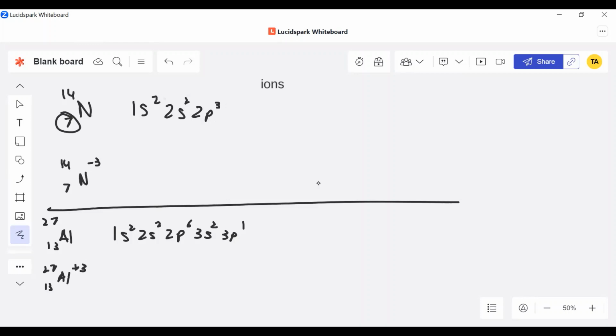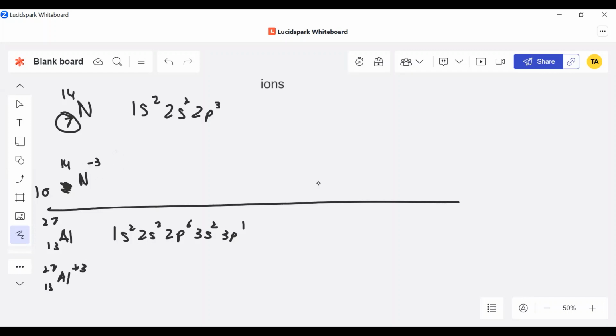But now nitrogen is N-3, so it's an ion now. When it becomes an ion, -3 basically means that it will gain 3 electrons. Nitrogen gains 3 electrons, so it's no longer 7, but it becomes 10.